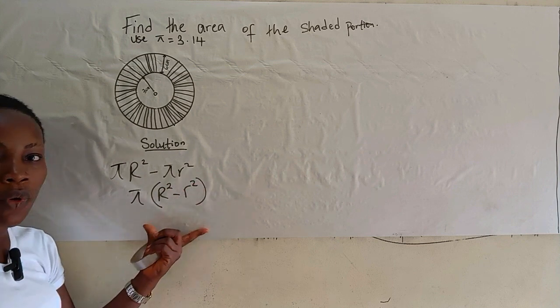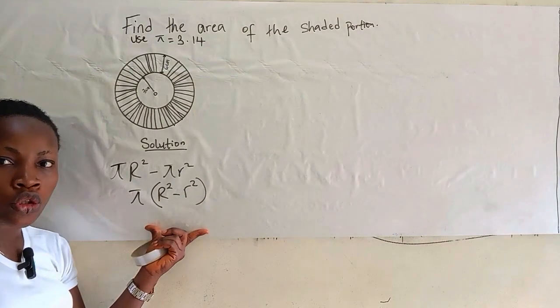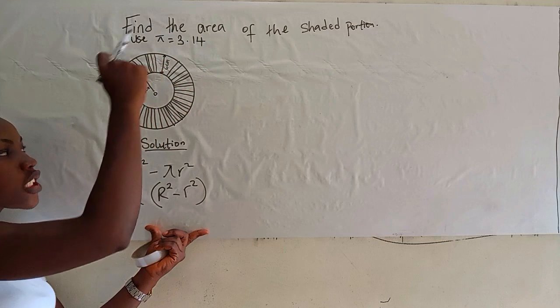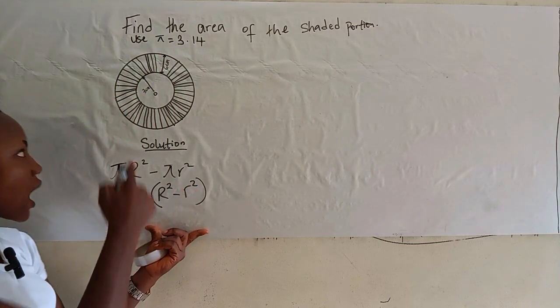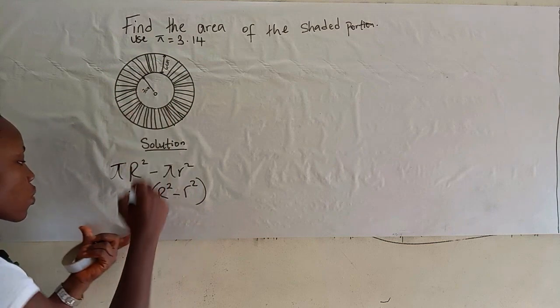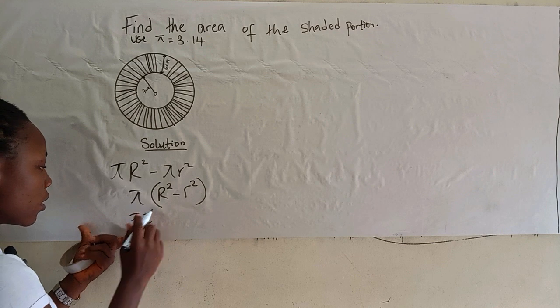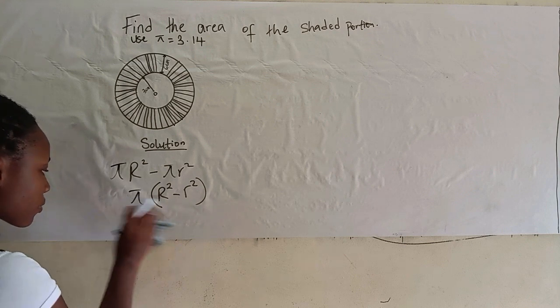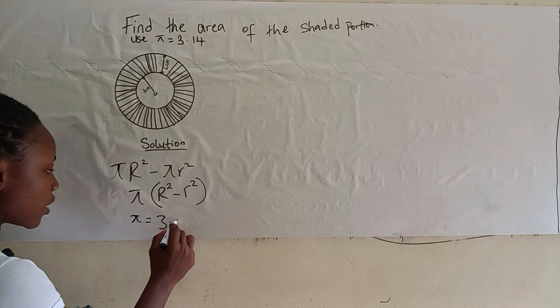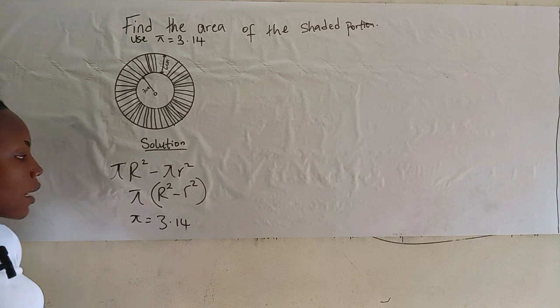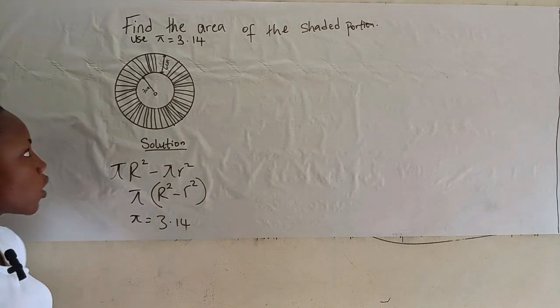So this is the formula we are going to use to find the shaded portion. This formula is what we are going to use, and we have our pi as what? Our pi is equal to 3.14.